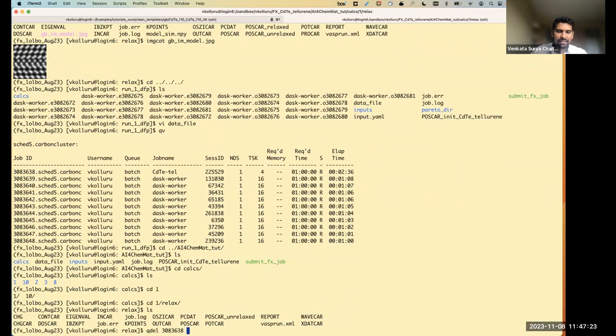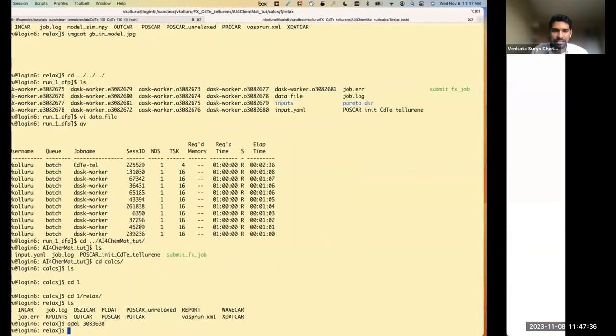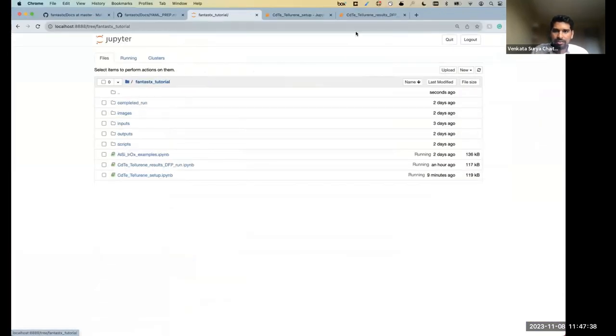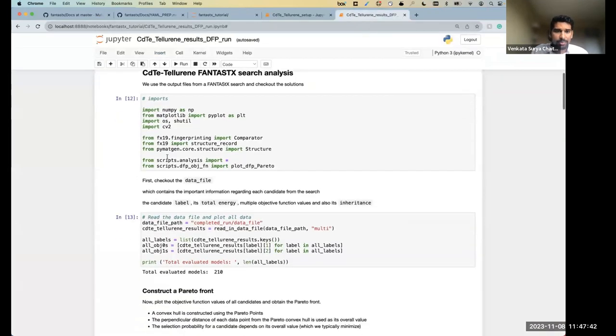If you cancel the master, which is the master job, and all the task workers are initiated from the master, then all the workers will eventually be deleted. So with that, we can go to analyzing the results part.